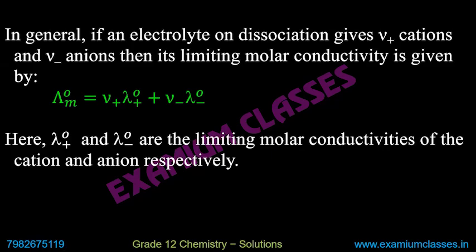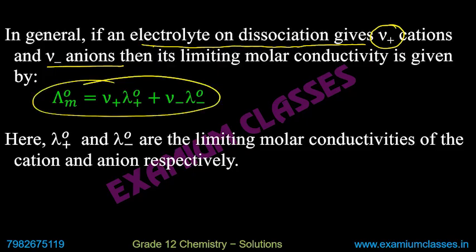So in general, if an electrolyte on dissociation gives nu plus cations and nu minus anions, then its limiting molar conductivity is given by this. Suppose CaCl2 is ionized into Ca2+ and 2Cl-.